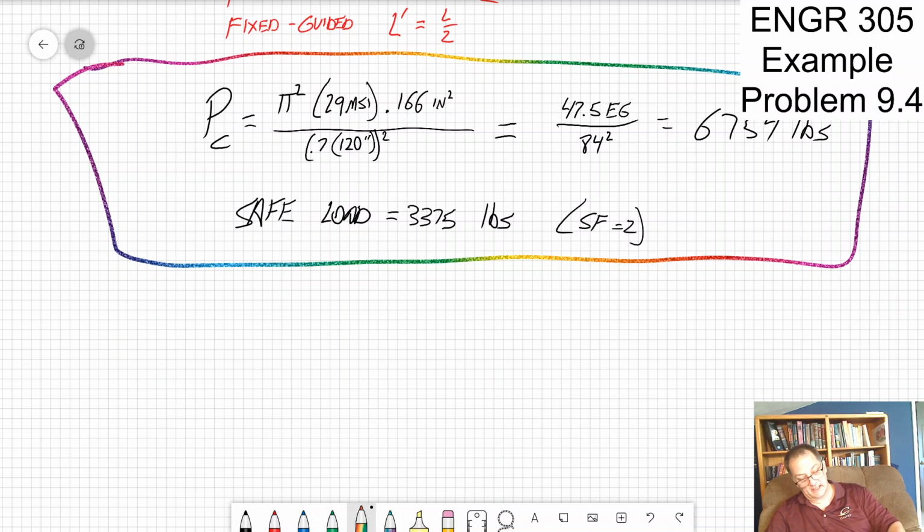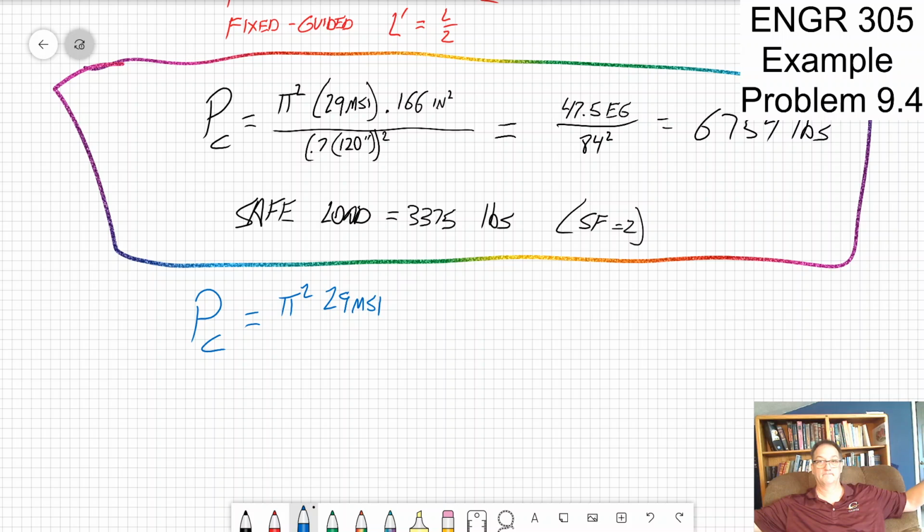And what they did, in one approach, was use P critical is equal to pi squared, the 29 MSI. These are common to everything. And then they said that in one direction, where it was the long direction, it was the stiffer. So they went 0.6666.